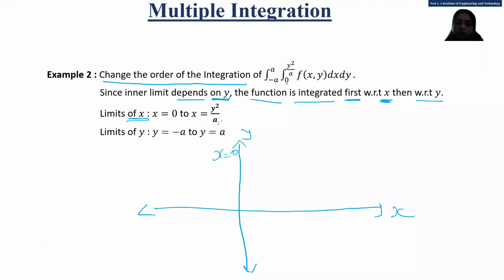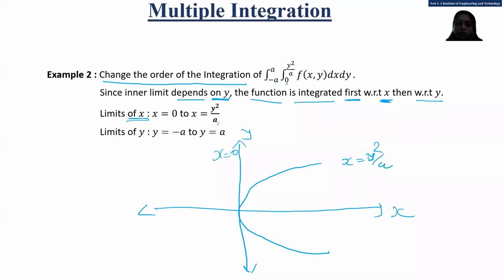x equal to y square by a means what? Here 1 by a is a constant, students, so x equal to y square. It is a parabola which is surrounded by the x-axis, right? This is the parabola, and this parabola represents x equal to y square by a.